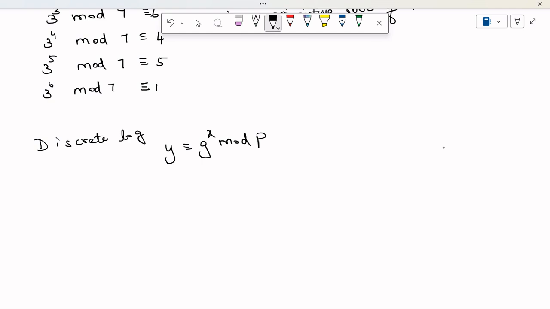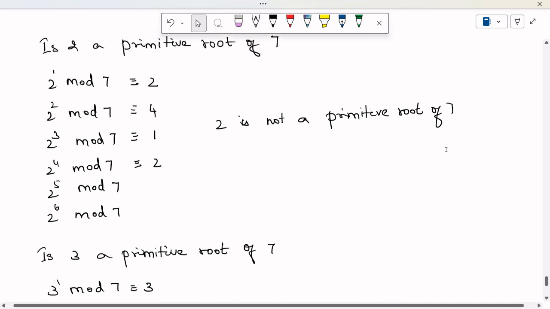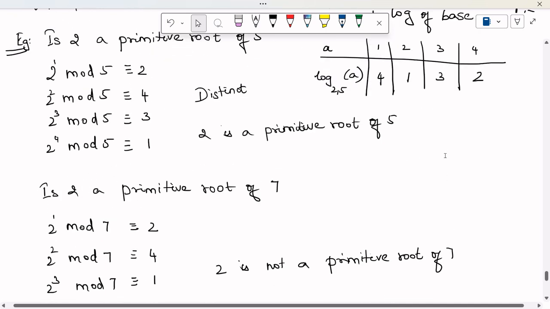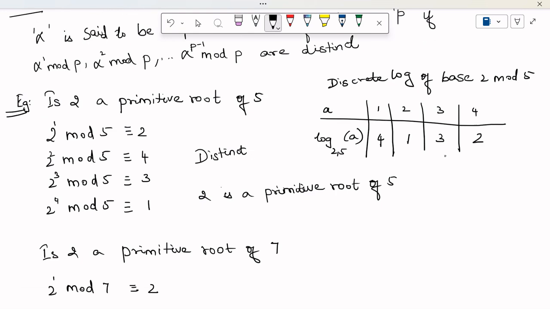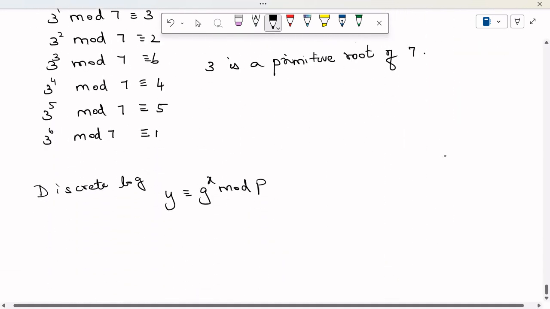We can find the value of y if g, x and p are known. Here I can find the value of A if I am provided with 2 to the power of 1 mod 5. All these values we know. So if g is given, x is given and p is given, then we can find y.